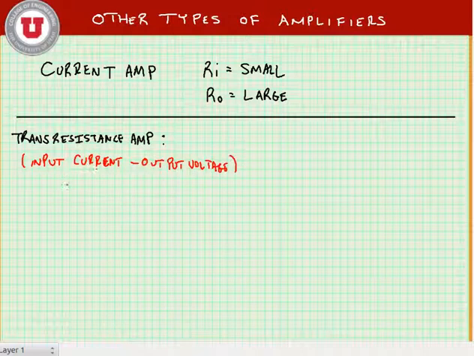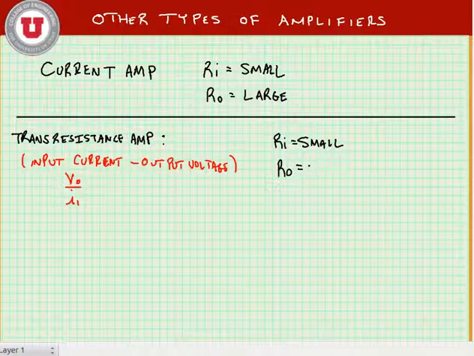In other words, what we're looking at is V out divided by I in, which looks like a resistance, right? So in this case, we're going to input a current. We'd like our input impedance to be small to avoid a current division at the input. We'd like all of our current to flow through the input resistance of our amplifier. And our output resistance, we're trying to output a voltage, so again, we'd like this to be small to avoid a voltage division at the output.